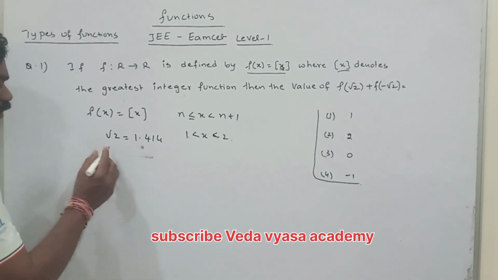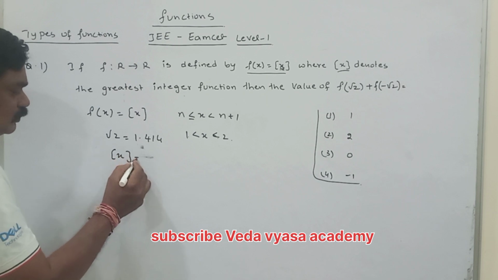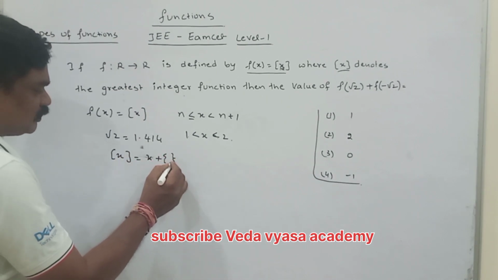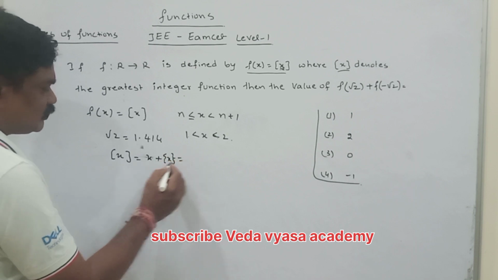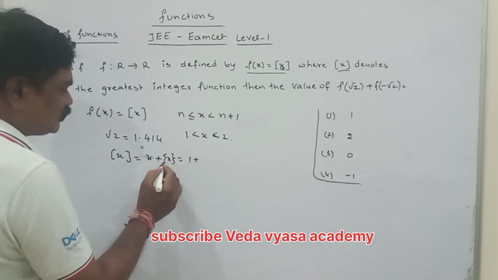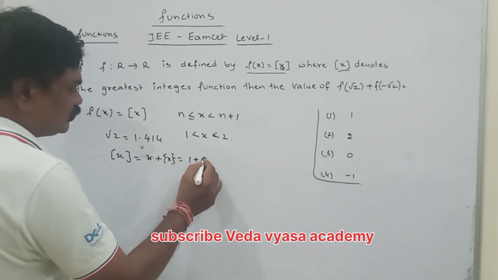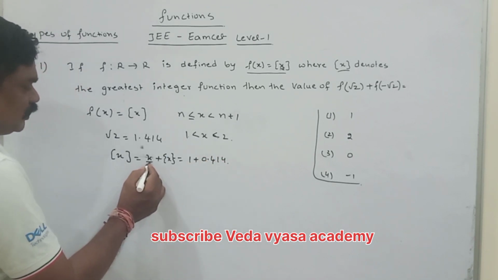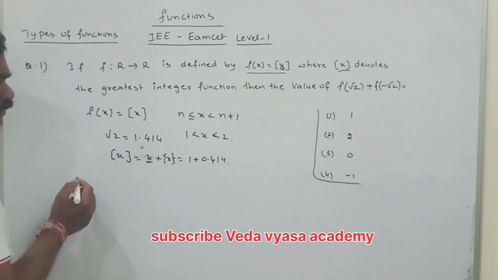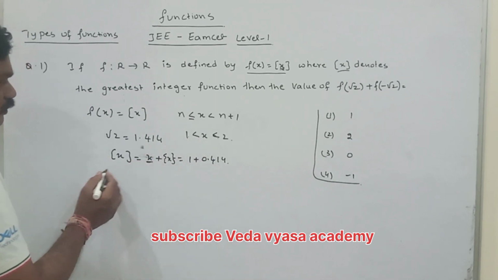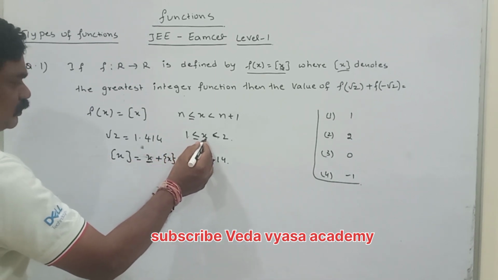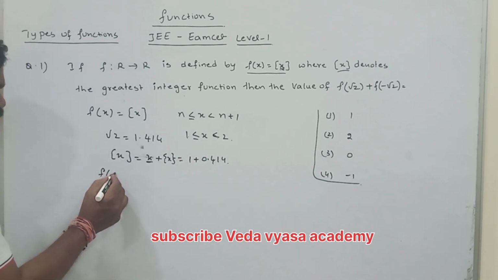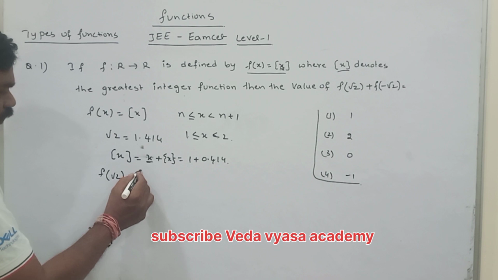Generally, step x is equal to x plus the fractional part of x. Here 1 plus fractional part 0.414. So we take the x value as 1, so 1 less than or equal to x less than 2. So here f of root 2 is equal to what?